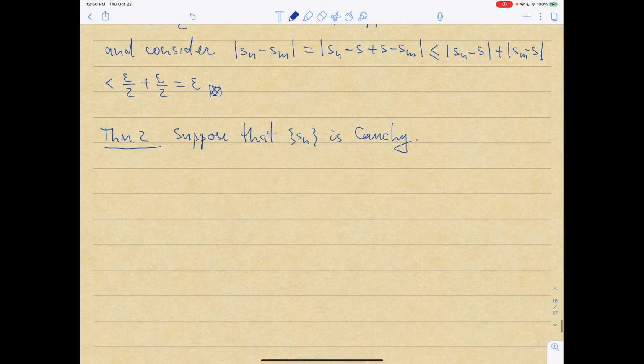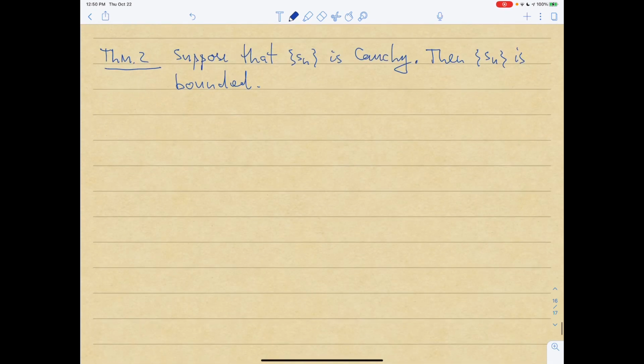Then from this I will conclude that the sequence Sn is bounded. And this result should be reminiscent of something that we already proved some lectures ago, and that is any convergent sequence is bounded. So the proof should look similar.